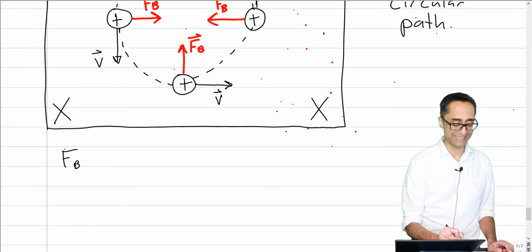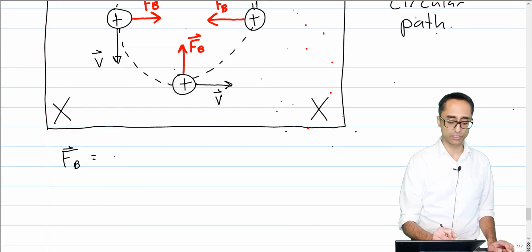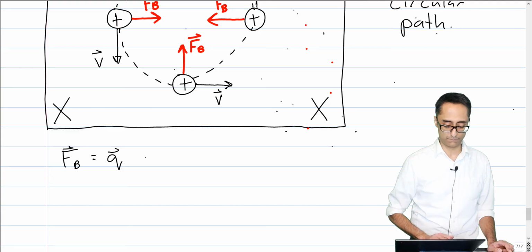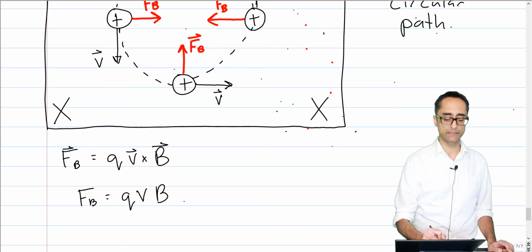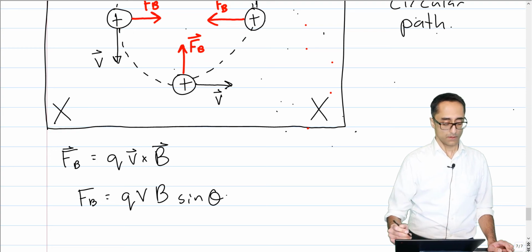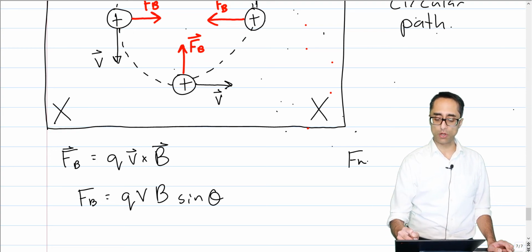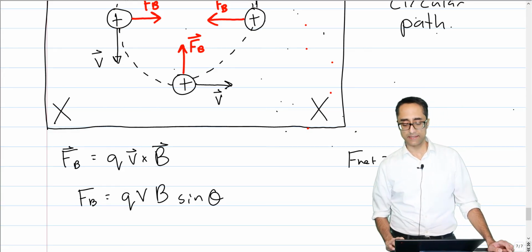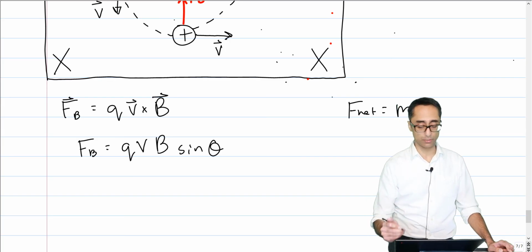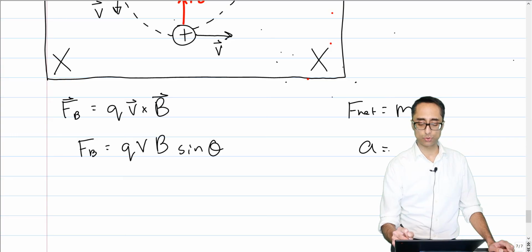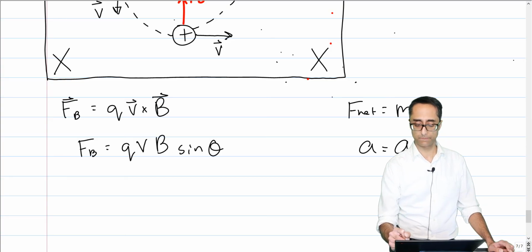Let's recall that not only is F_B equal to qv cross B, or here F_B equals qvB sine of theta, we also have that the net force on the particle is equal to mass times acceleration. And that acceleration, since it is creating this circular motion, is our centripetal acceleration.